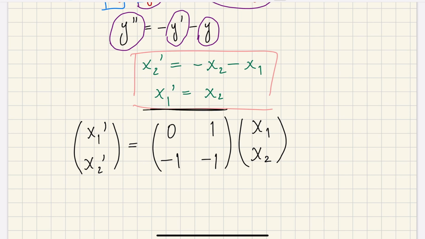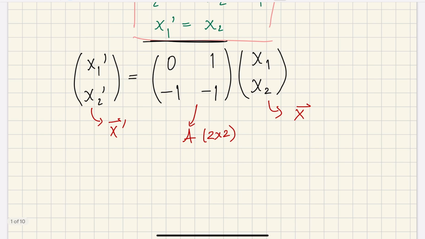Now let's say that we will regard this vector as x prime, this matrix as A, so 2 by 2, and this vector as x. Then, in a shortened form, this notation becomes x prime is equal to A times x.